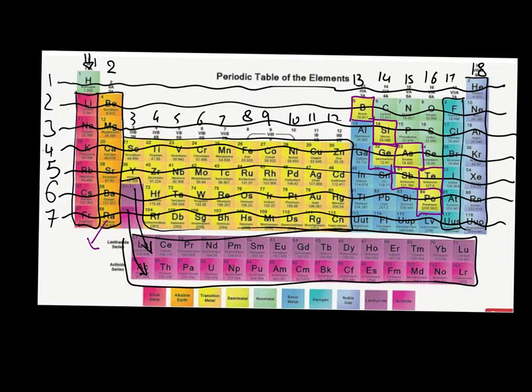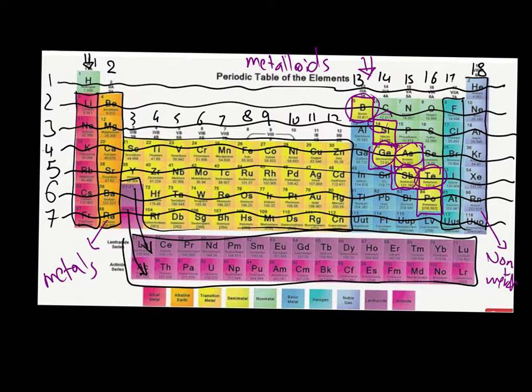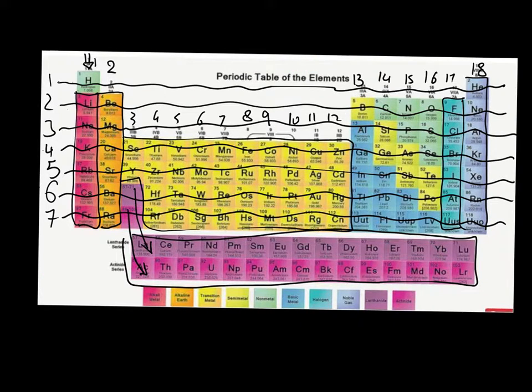So remember, here we have metals, and on the right-hand side we have nonmetals, and the metalloids are those in the middle of the periodic table that separate the metals from nonmetals. The most common metalloids are boron, silicon, germanium, arsenic, antimony, tellurium, and polonium. You can just remember 2 or 3 of them.